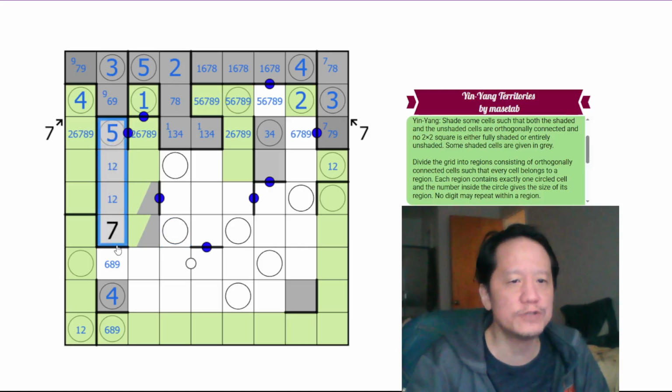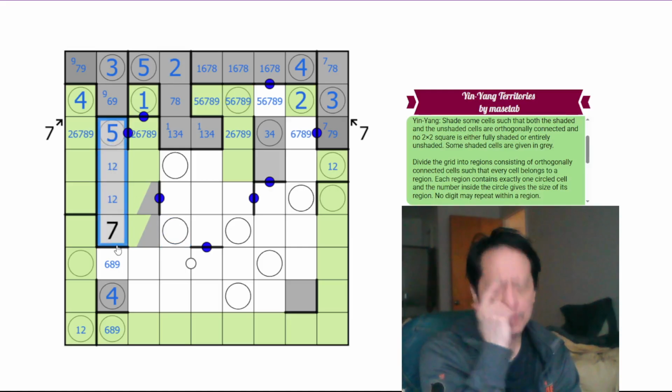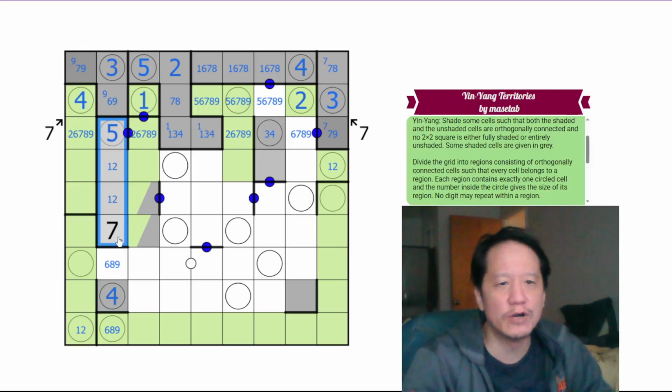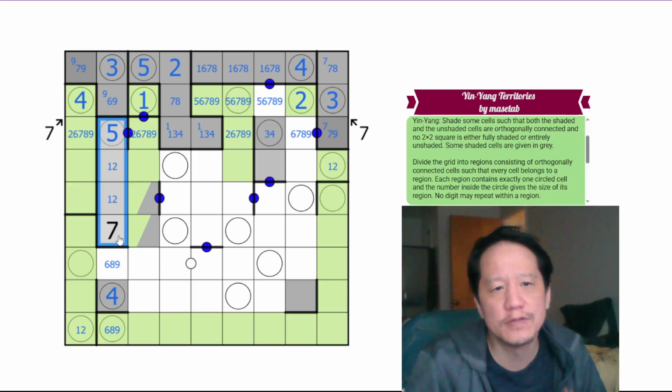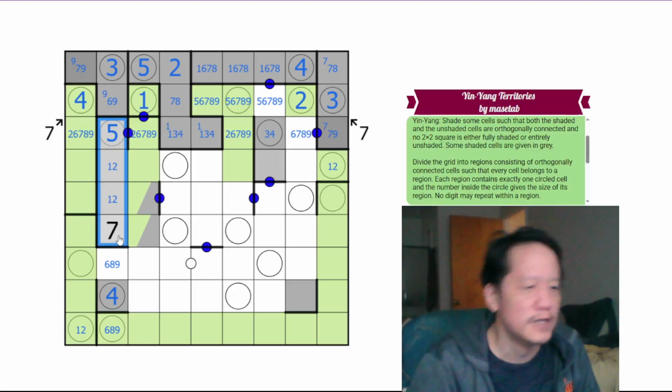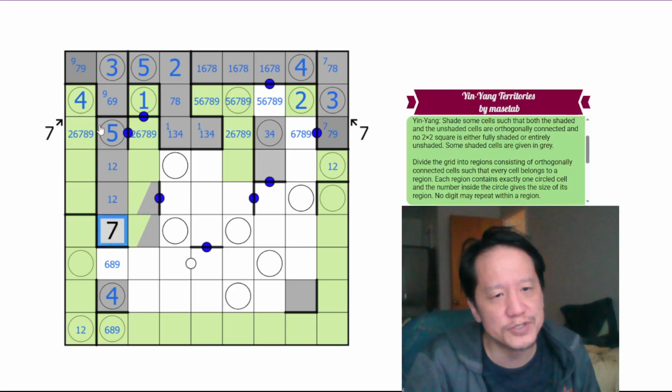So 5, 1, 2, 7. What does it add up to? That's... Wait, then that requires another 5. That's not going to work. Oh, wait, no. 3 or 4. What am I thinking? It's not 20. So this is 8 here plus 7 is 15.